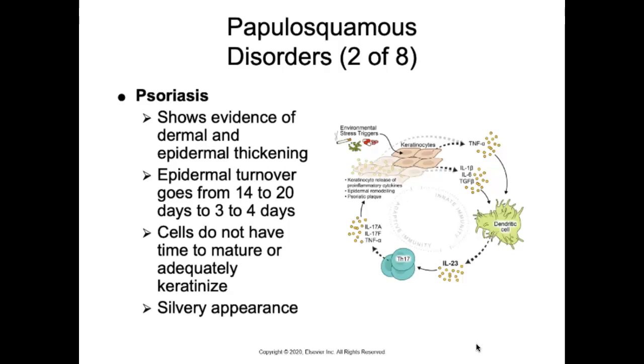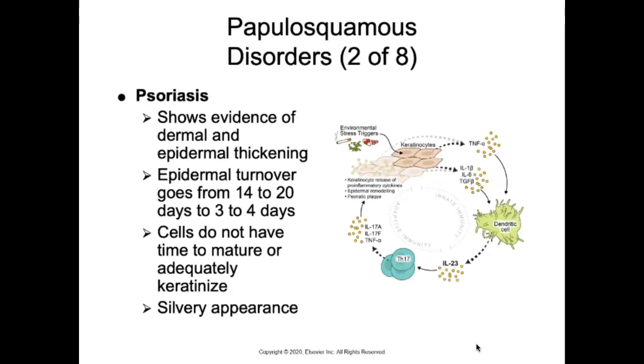There may be certain environmental stress triggers that affect our keratinocytes that then are going to release certain chemicals to activate our dendritic cells, which then secrete IL-23, and that affects our regulatory T cells, which then continue to secrete their own chemicals.